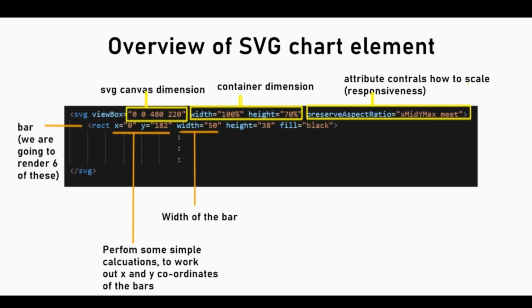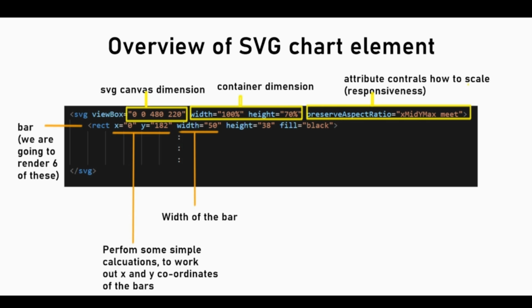Now for our chart to scale properly, we need to specify a third attribute, which is preserveAspectRatio. This will work out the scaling ratio between the canvas and the container dimension. On the screen you can also see the markup for a rectangle.